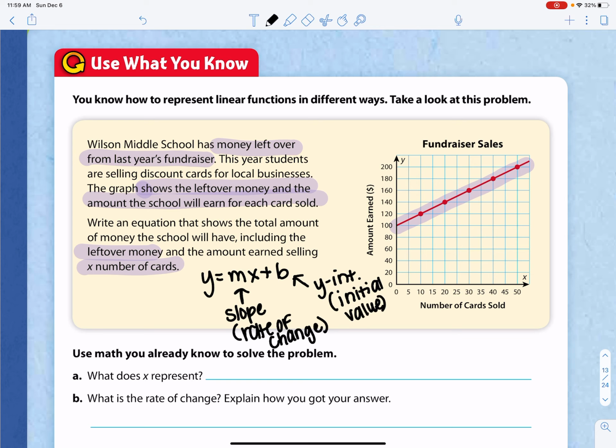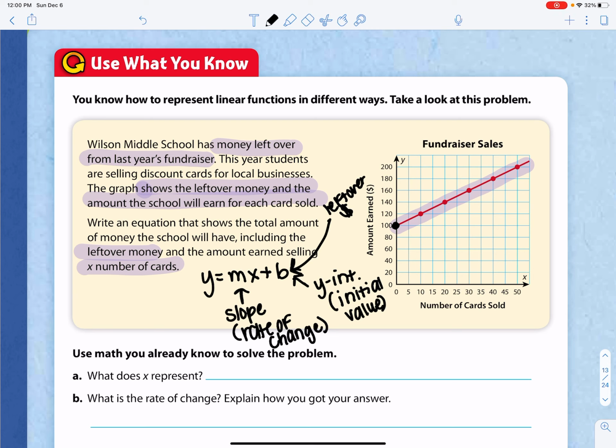Looking at our graph, we can tell that it starts at 100, because 100 is where the line crosses the y-axis. Our y-intercept is going to represent the amount of money the school started with, so that's their leftover money.